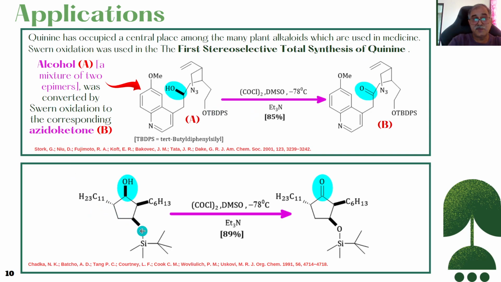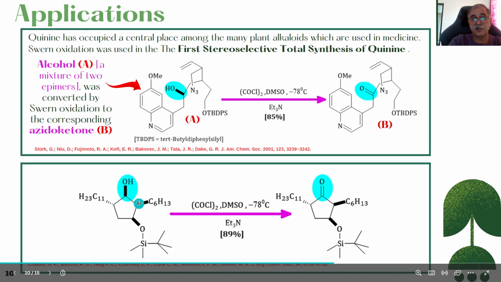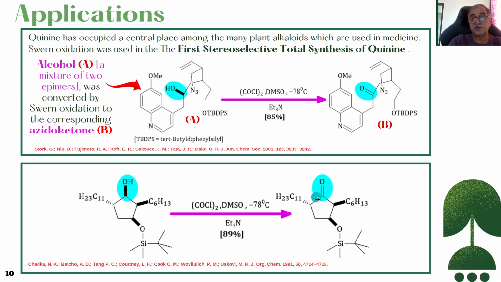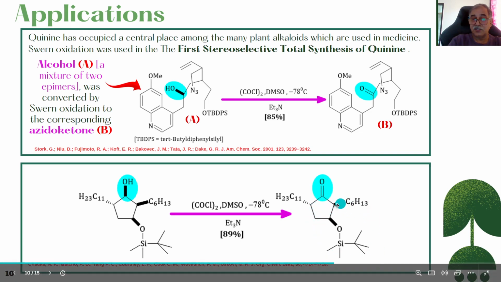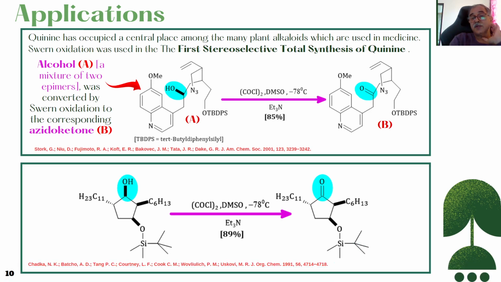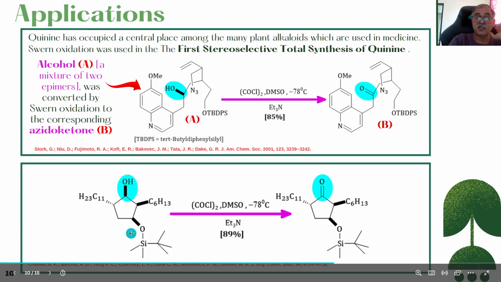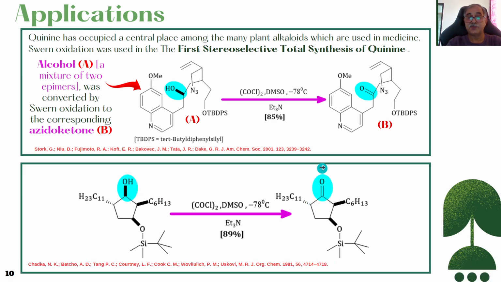Similarly, these types of hydroxy compounds are again some natural products. Under Swern oxidation conditions, they are converted into the corresponding ketones, and these silyl ethers, as the substituent, are not affected, and no oxidation of these silyl ethers takes place, and selectively only this secondary hydroxyl group is converted into the ketone.